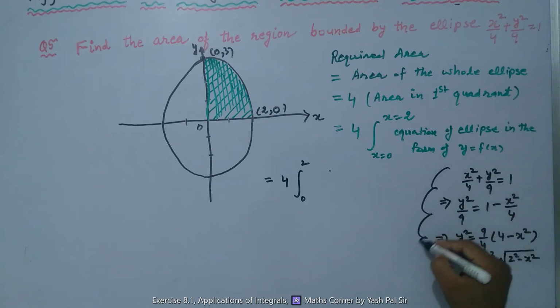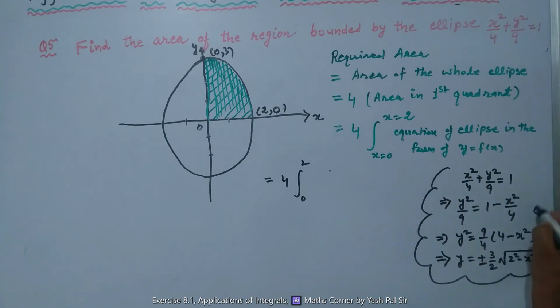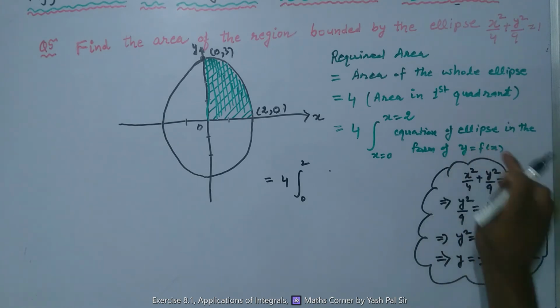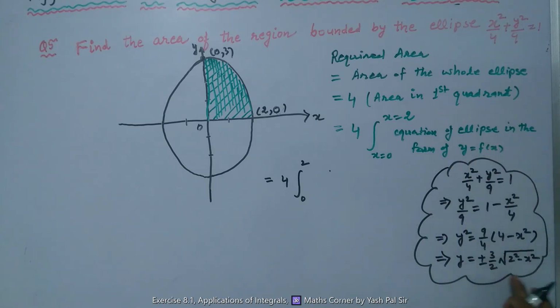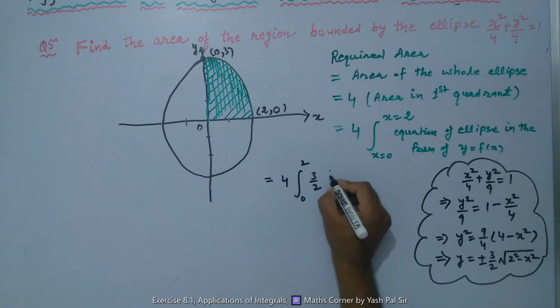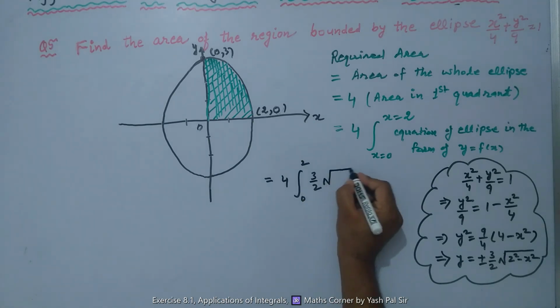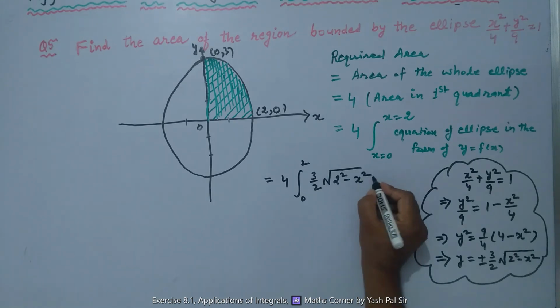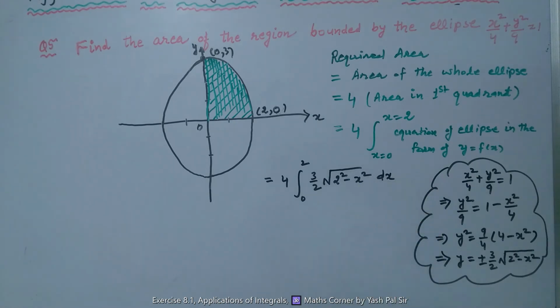So from the given equation of the ellipse we can find the value of y in the form of y is equal to f of x. This is the f of x. In the first quadrant, f of x becomes 3 by 2 into square root of 2 square minus x square into dx.